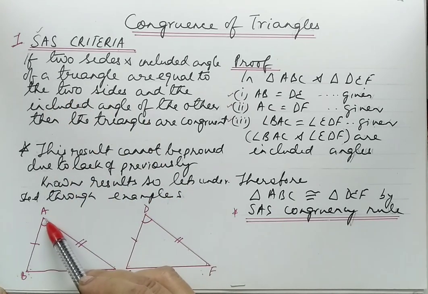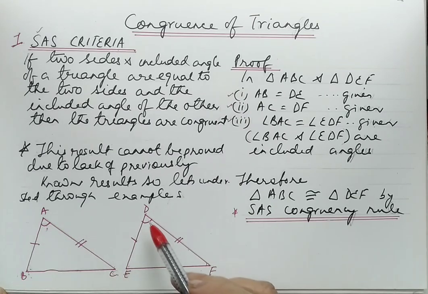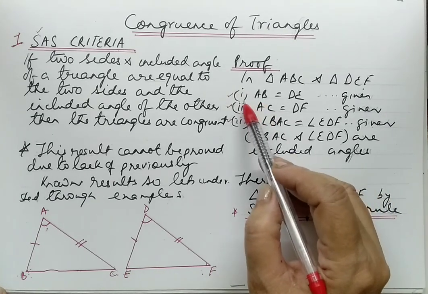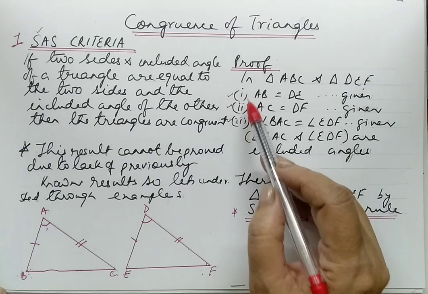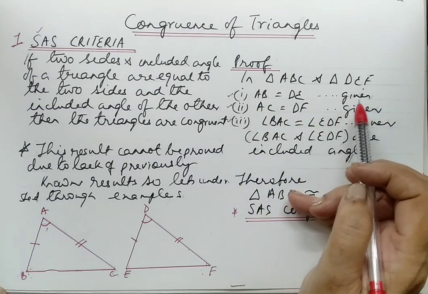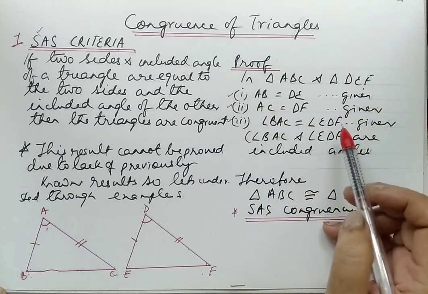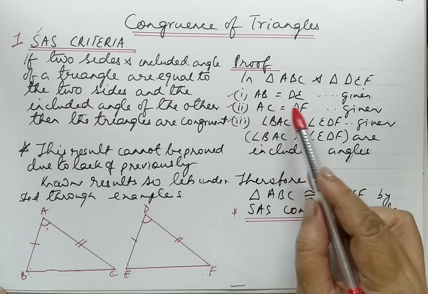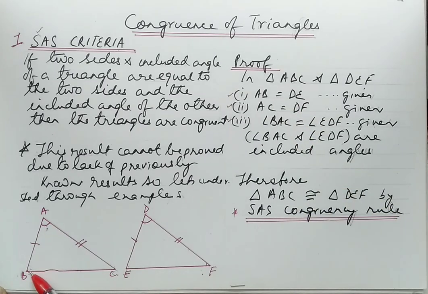So we take triangle ABC to be congruent to DEF. We have to have 3 statements supporting congruency, with reasons. Guys, you have to give the reasons. Without reasons, it will not work. So we have AB equals DE, AC equals DF, and angle A equals angle D. Now what do you mean by included angle?